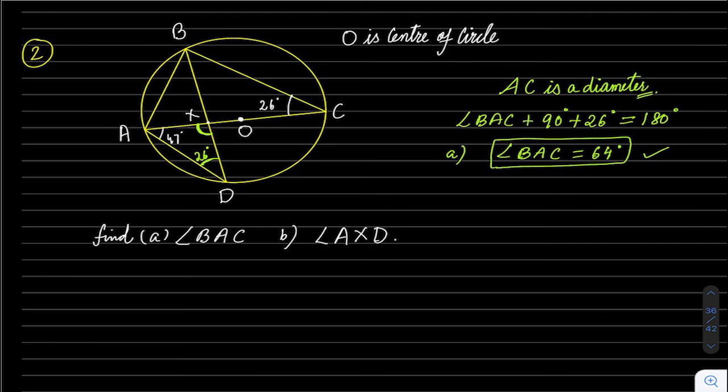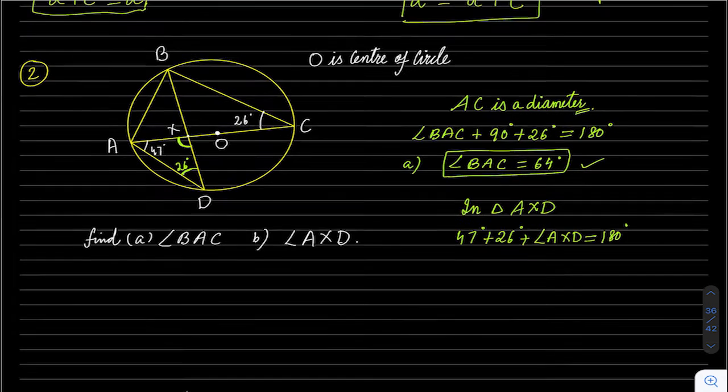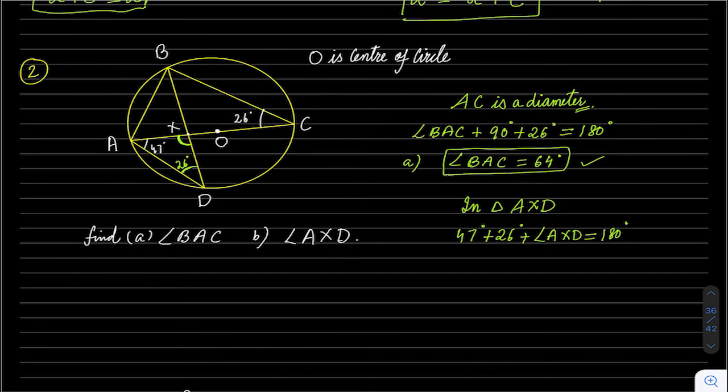So now we know the angles in triangle AXD. In triangle AXD, again I am using the same thing: the sum of all the angles is 180. So 47 degrees plus 26 degrees plus angle AXD should be equal to 180 degrees.